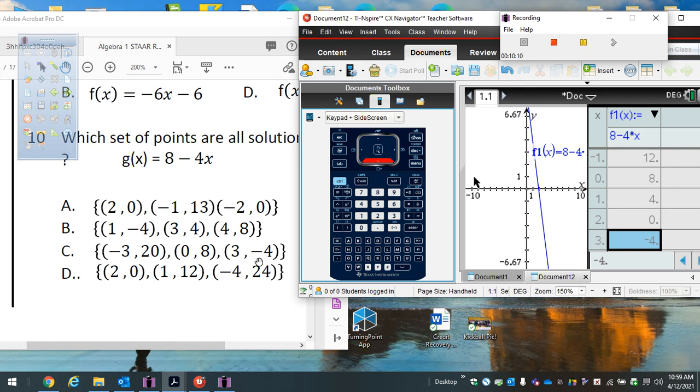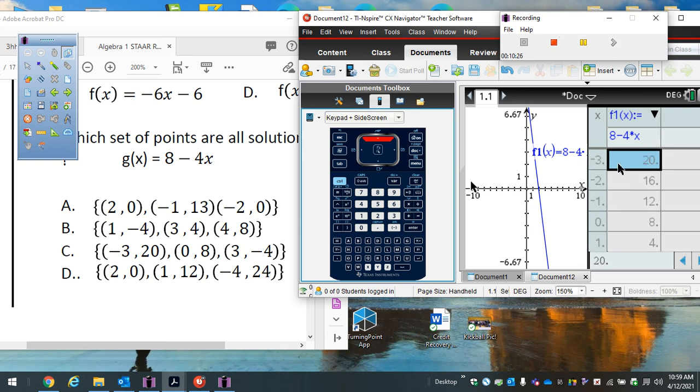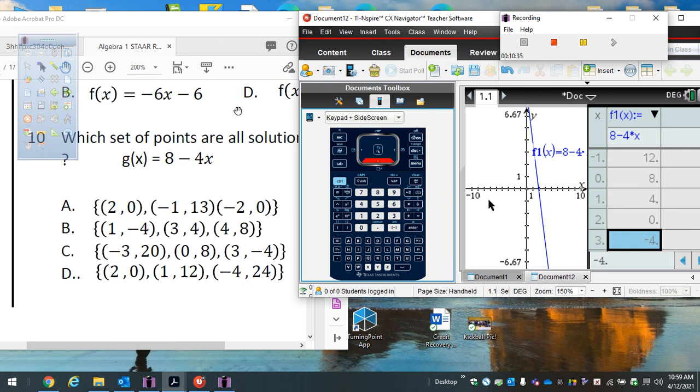So these top two are wrong. Check that, -3, 20. Okay, that's good. And then 0, 8, and then 3, -4. My bad. 3, -4. Oop, there's my answer.